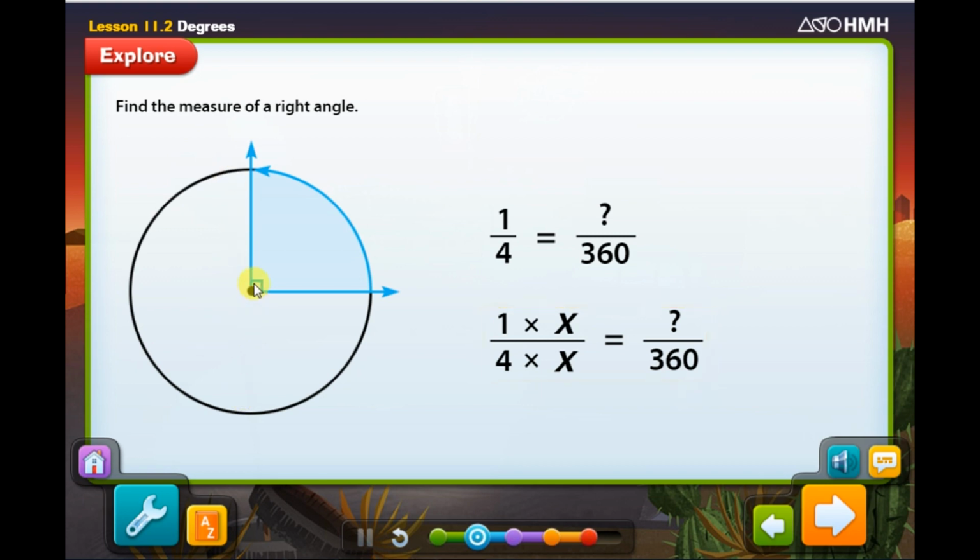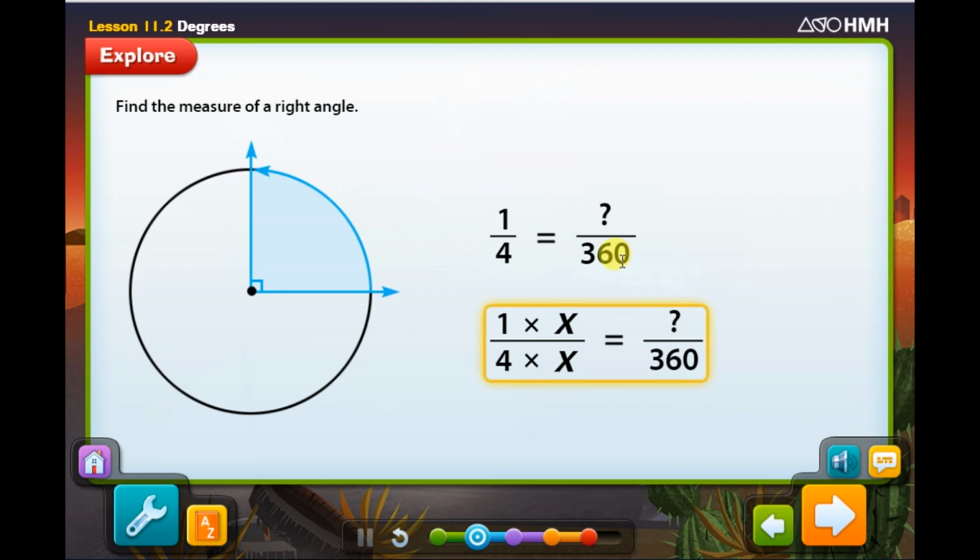They will intersect in the middle of the circle and form 4 right angles, right? So this means the circle is divided into 4 equal pieces. So the right angle here is a quarter of the circle, meaning 1/4 of the circle, right? And this means how many parts out of 360?